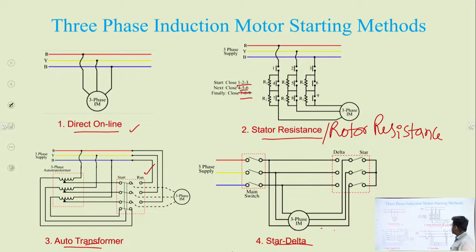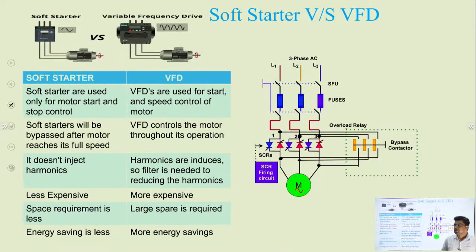Same in the case of the star delta starter: initially the motor starts in the star condition. In that case the voltage will be V upon root 3, so the voltage is reduced and the current is reduced, and after the motor starts, the switch is converted into delta. So this is an old, or conventional, technique, not used much in various industries. So this is the starter method.